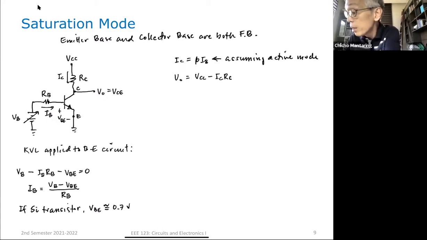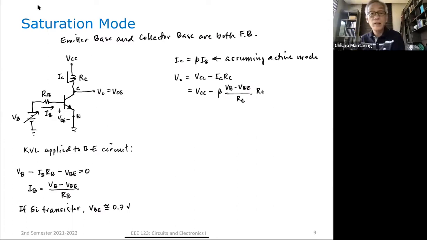Okay, which is VCC minus, we said IC is equal to beta IB. So beta times (VB minus VBE) over RB. So this is now IB, no? IB here, times RC.